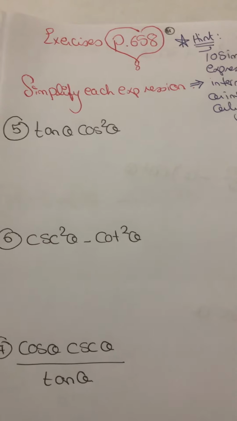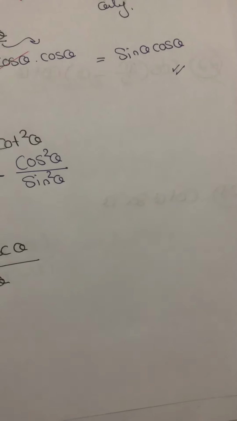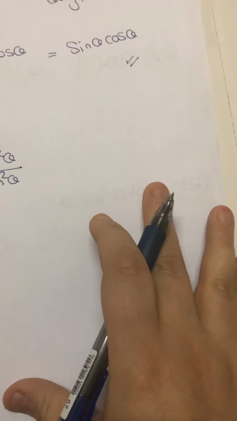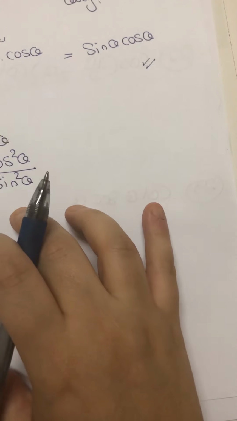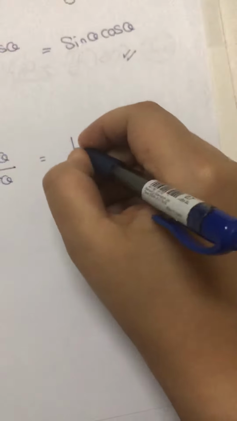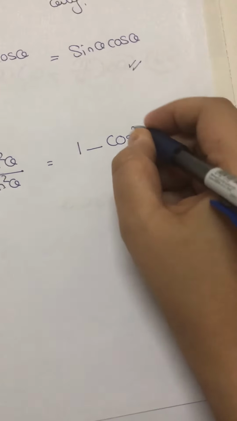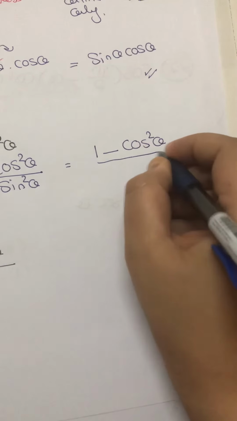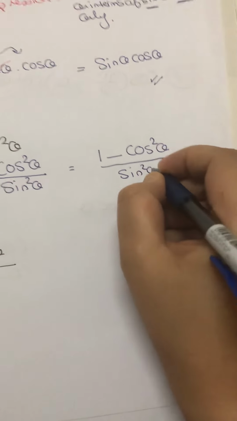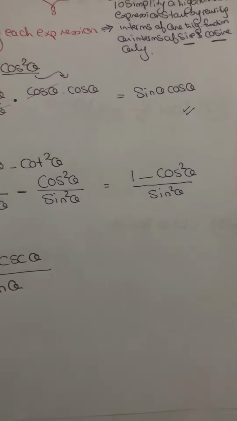But here it's going to be cosine squared theta over sine squared theta. Right? Okay, I have like denominators, so I can write it as 1 minus cosine squared theta all over sine squared theta. It didn't finish yet.